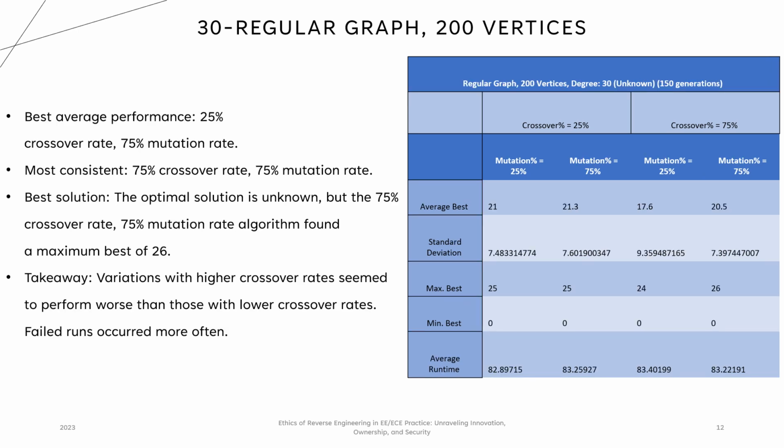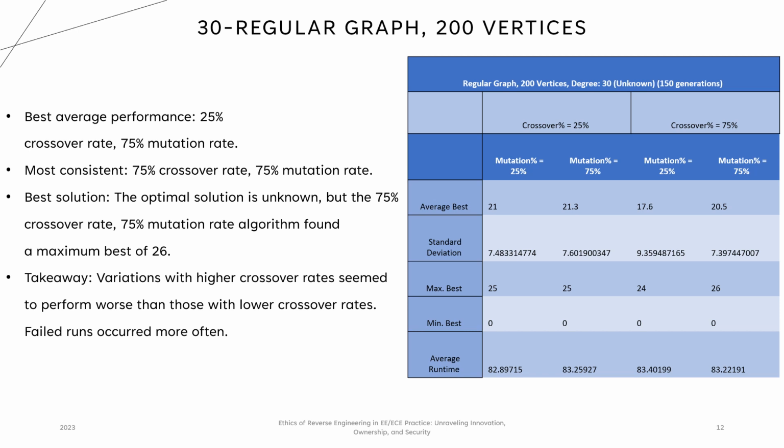The final graph we'll talk about performance statistics for is the 30 regular graph with 200 vertices. On this graph, I ran algorithms for 150 generations. The best performing one was the one with a 25% crossover rate and 75% mutation rate.